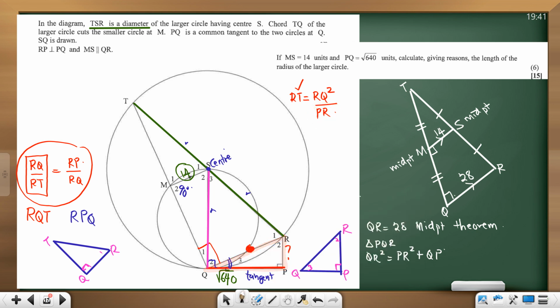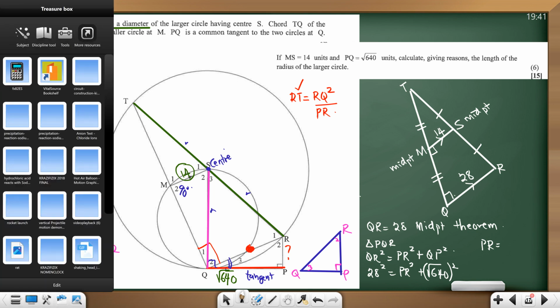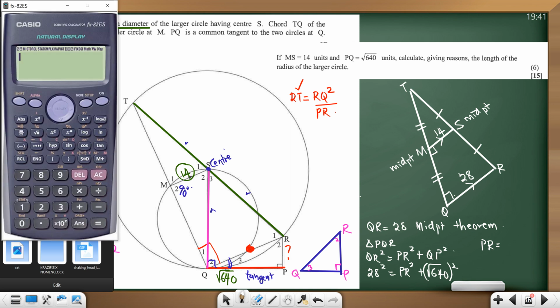What is my QR? QR is 28, so 28 squared. What is my PR? That's what I don't know. But what is my QP? Root of 640. Do you want to give me PR, everybody? I'm sure you can do this. You're tired.